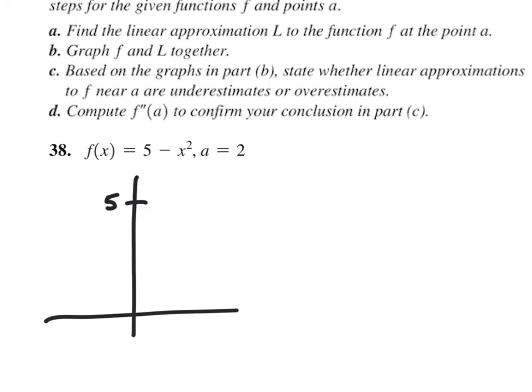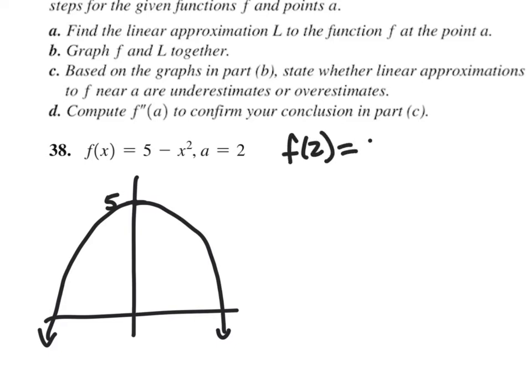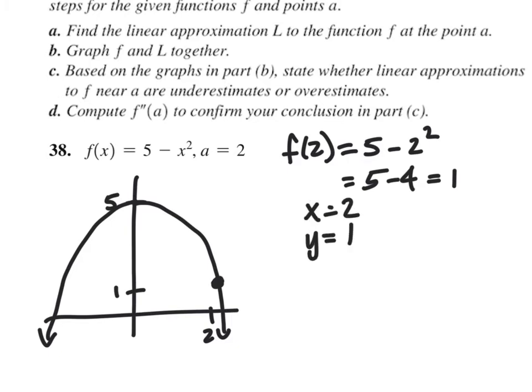If I plug in 2, f of 2 is 5 minus 2 squared, which is 5 minus 4, which gives me 1. So I have an x value of 2 and a y value of 1.